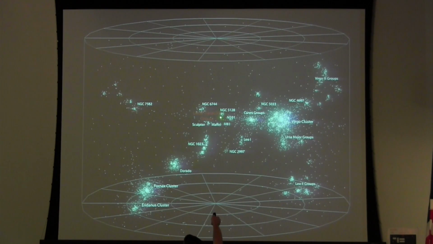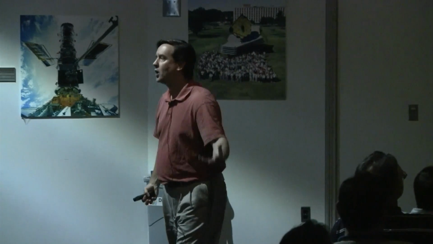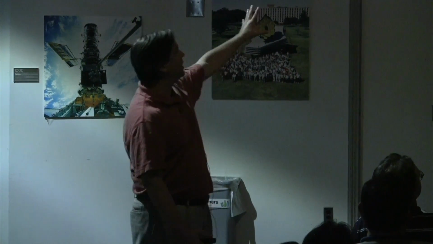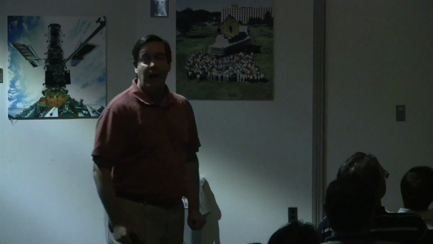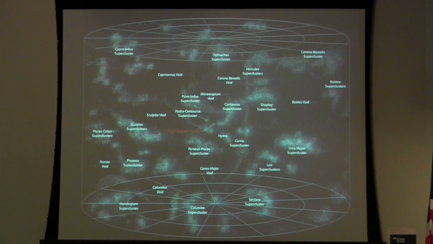So really, we're in between Virgo on one side, Fornax on the other. Together, all of these groups and clusters of galaxies form what we call the Virgo supercluster. We have a supercluster of galaxies out there, but it is not the only supercluster in the universe. Virgo supercluster is just one amongst many other superclusters out there in the universe, each of these superclusters containing tens of thousands of galaxies.